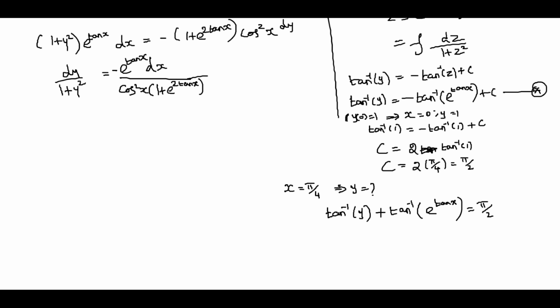So tan inverse of y is, we don't know, plus tan inverse of e power pi by 4, that is tan inverse of e, which is equal to pi by 2.